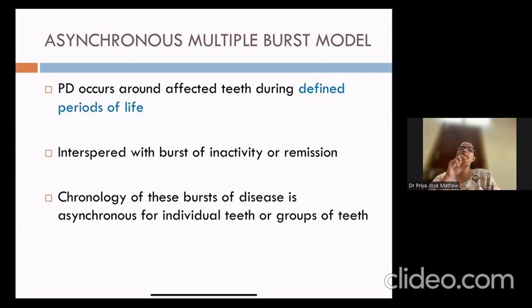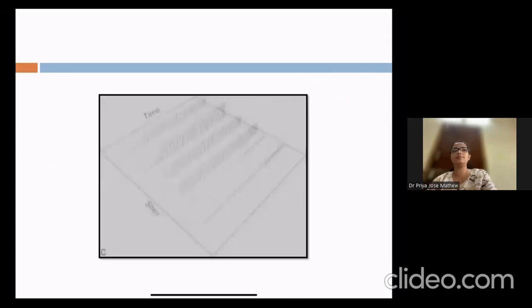So one thing that we have to know is that in this multiple burst asynchronous model, they have specified the term defined period of time. So at that time, all the teeth have periodontal disease activity. The chronology of these bursts of disease is asynchronous for individual teeth or groups of teeth.